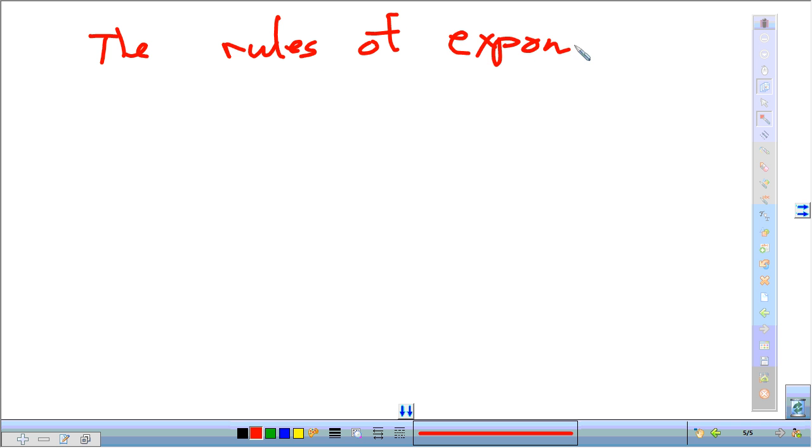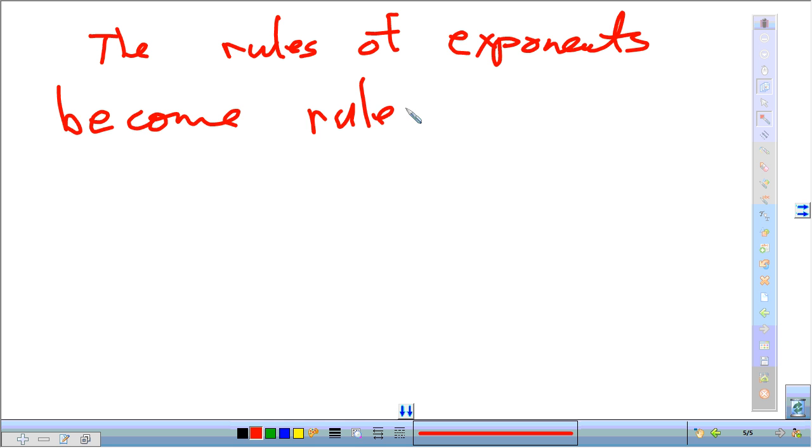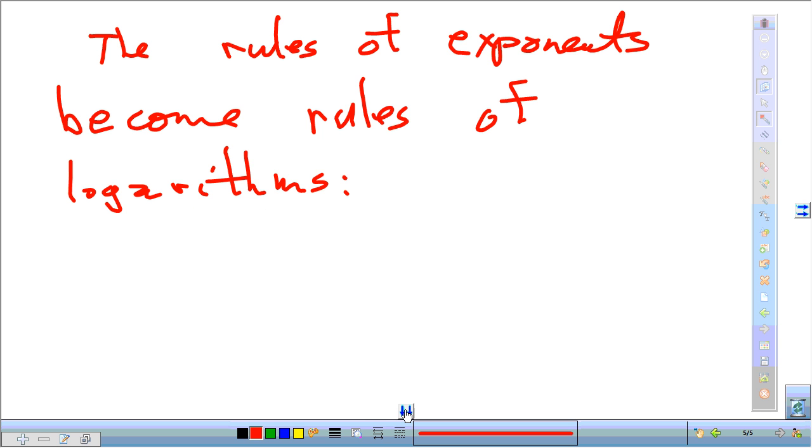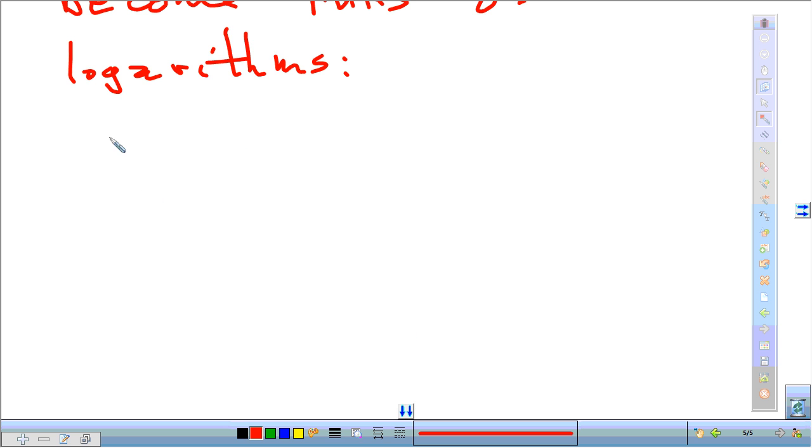Now, all those rules of exponents become rules of, well, logarithms are the exponents in powers. So they become rules of logarithms. So what are those rules?